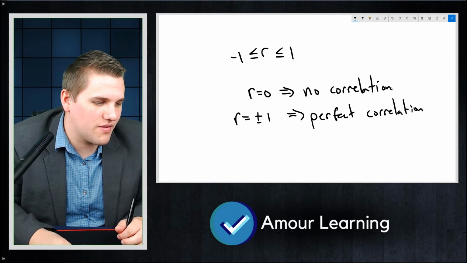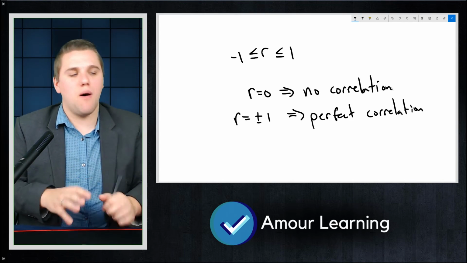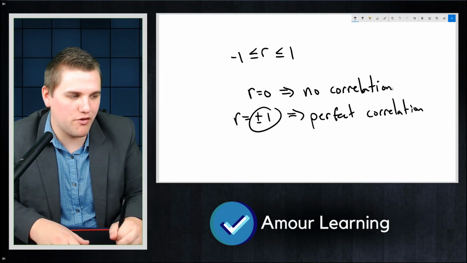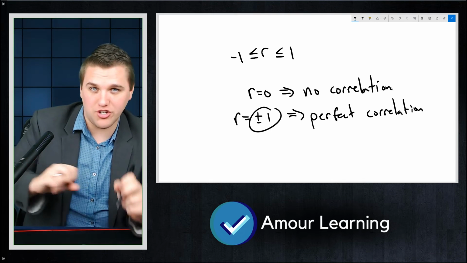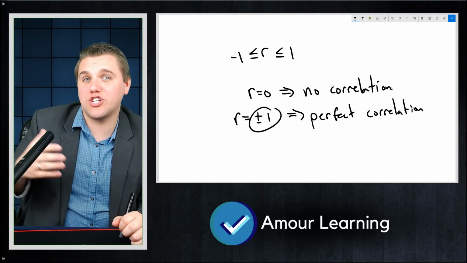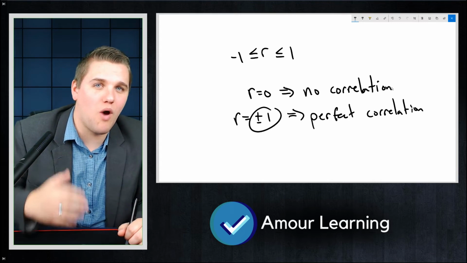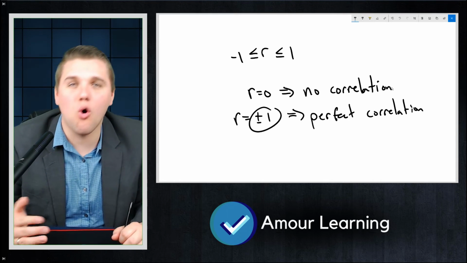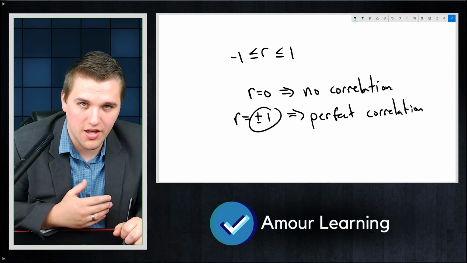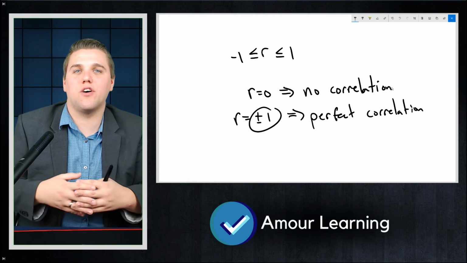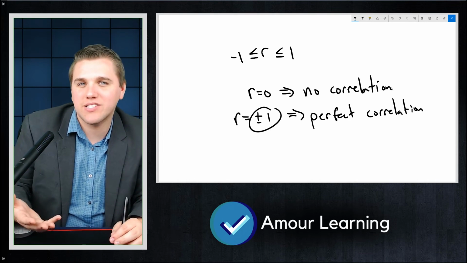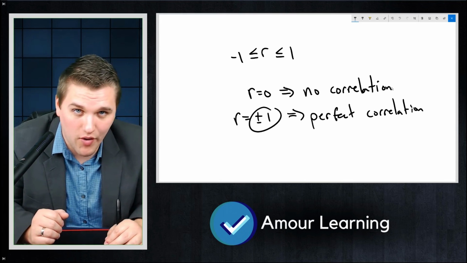Now, the reason why we have two values for the perfect correlation is that the correlation coefficient also tells you whether you have positive or negative correlation. It kind of gives you a sense of the slope. Is the slope positive or negative with your linear regression model?